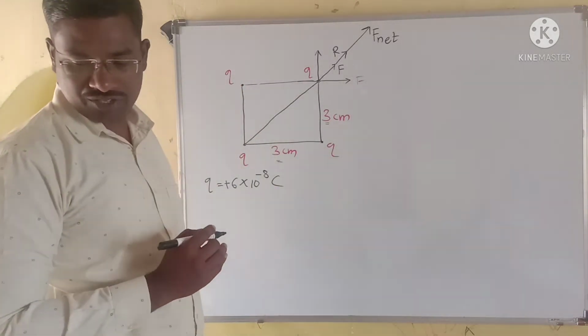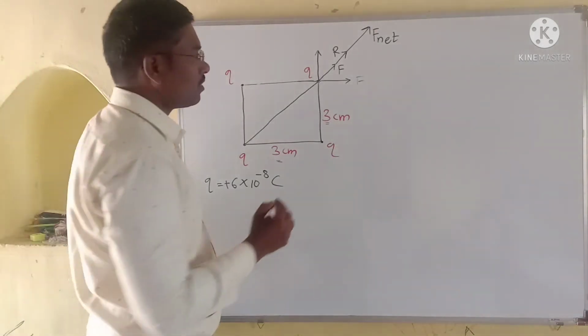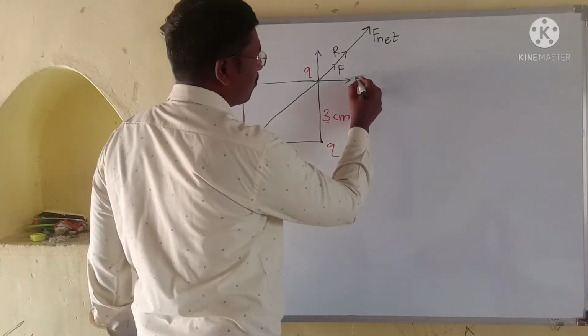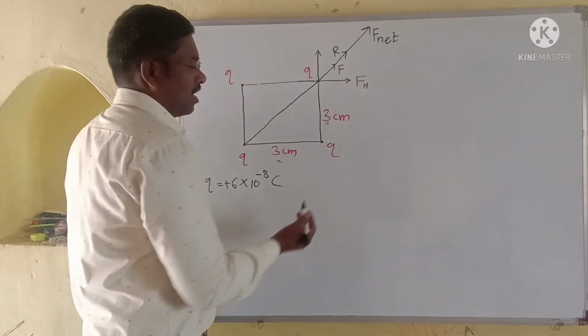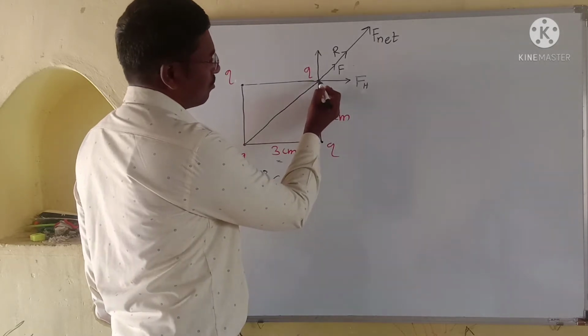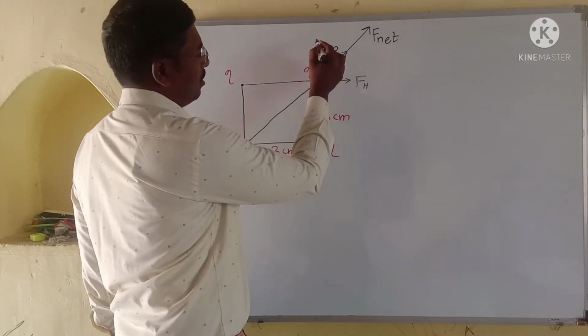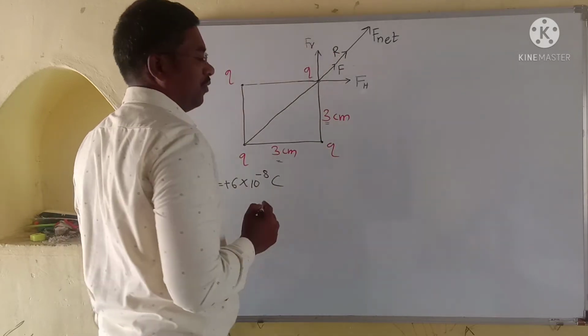Call this FH. It is in the horizontal direction, so it is FH. And this other charge acts a force on this charge in the vertical direction. Call this FV.